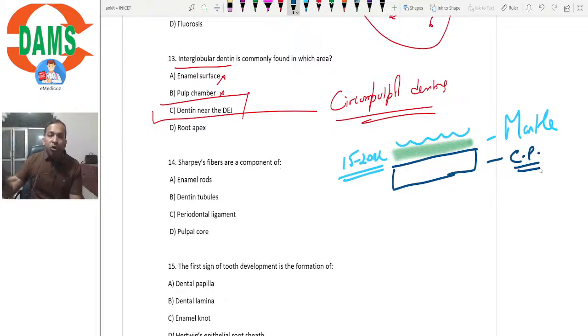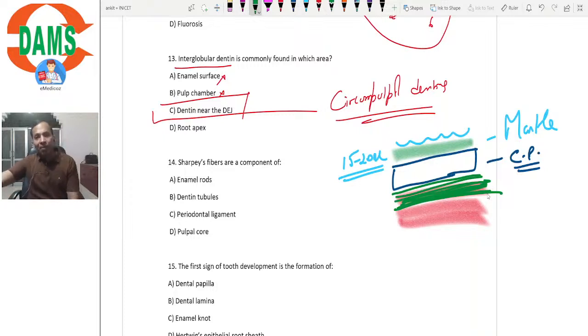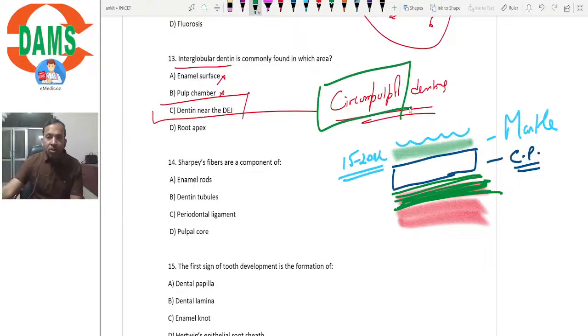So the majority of the primary dentine is formed by circumpulpal dentine, and just beneath it is the pulp initially, isn't it? But as the person ages or as the tooth ages, the secondary dentine starts to deposit, isn't it? So it is the secondary dentine that is closer to the pulp, and the circumpulpal dentine is closer to the DEJ. Clear? So please don't get confused by the names.